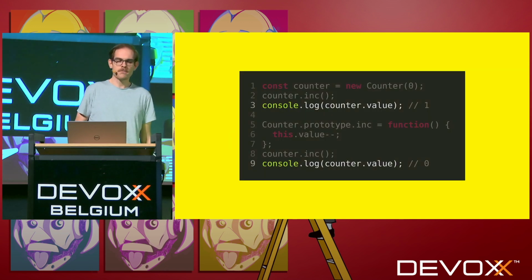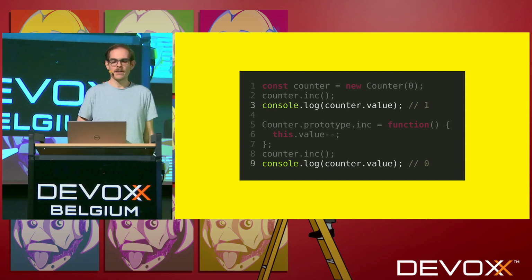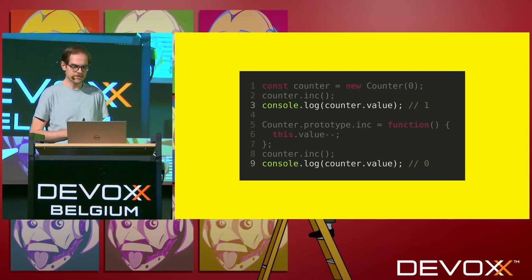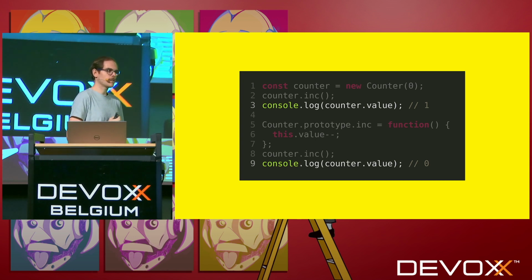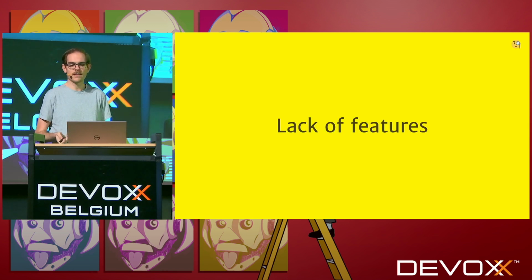Another problem with classes in JavaScript is that, for example, here you can notice that I can access the value field of the counter from the outside. And you would think that if we are writing a counter class with getters and setters, as we did, you don't want to expose the value itself. We want to have that as a private member, where it turns out that we don't have private members in JavaScript classes.